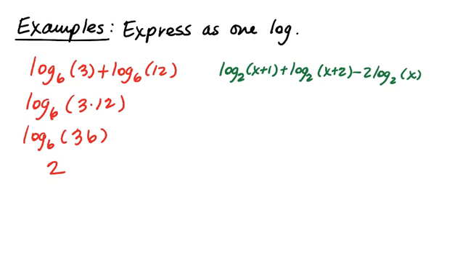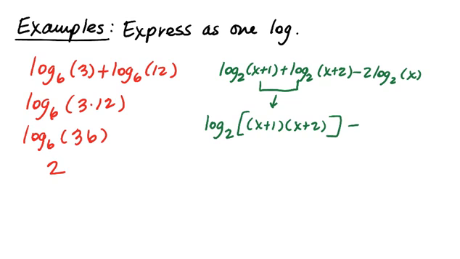So this one kind of came down really nicely. Not all of them are going to work like this. Like even this next one here. Maybe I'll do 2 at a time, to start with the first 2. Well, I've got 2 logs added together, so I can multiply their arguments. So x plus 1 times x plus 2. And then maybe I'll use the power property in reverse to kick that up as an exponent.